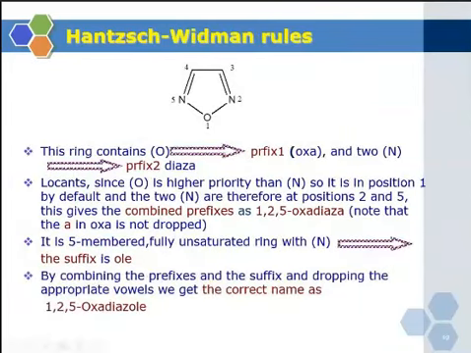So when suffix and prefix are combined, we get the final name of the structure, 1,2,5 oxadiazole. Here aza and OLE come together, A is dropped, hence oxadiazole.